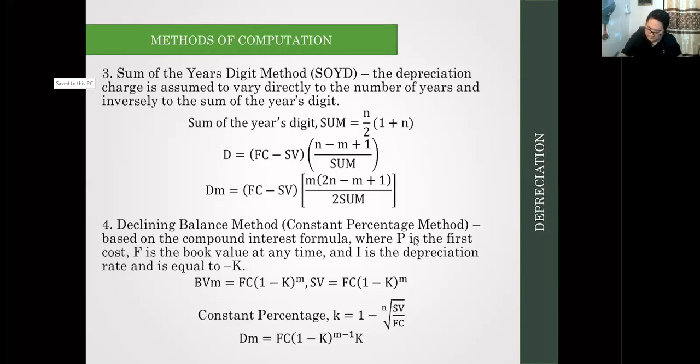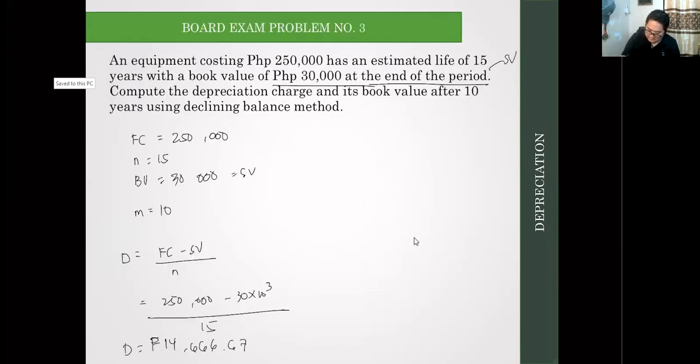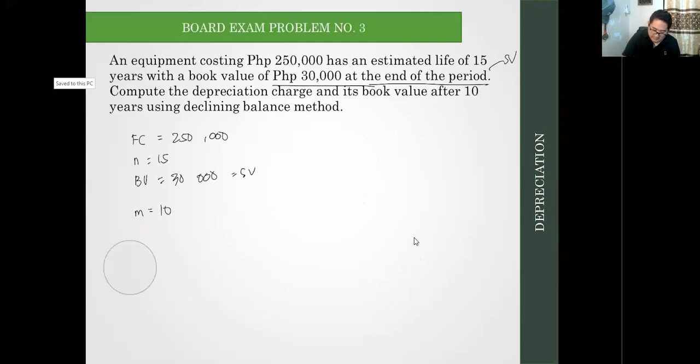Okay, so, ito natin to. So, this is para sa straight line pala to, no? Okay, so, kay declining balance, kailangan kunin natin si K, yung factor natin. So, K natin is equals to 1 minus nth root of salvage value over first cost natin.